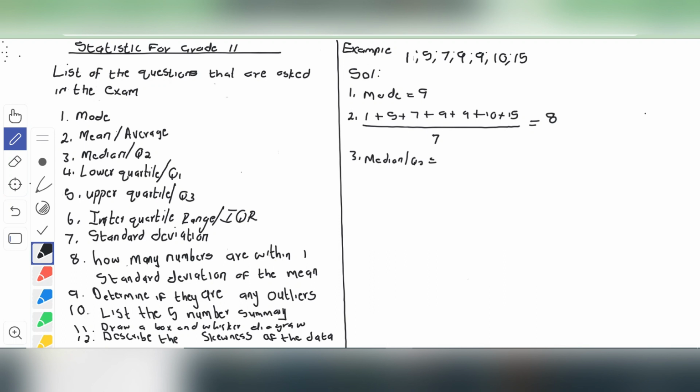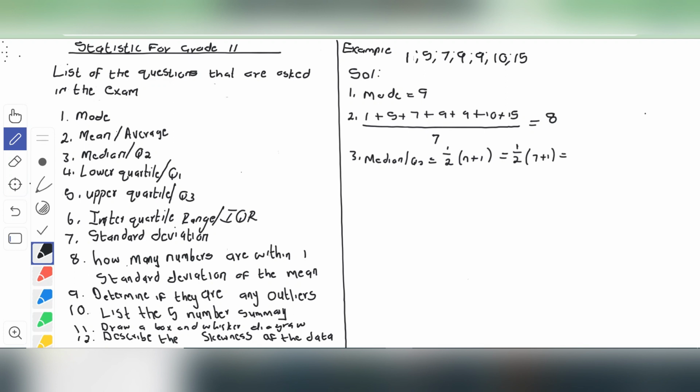The formula is 1 over 2 into n plus 1, right? So what does n represent? n represents the total number of the data set. And we know that the total number of the data set is 7. So when we calculate our median, it's going to be 1 over 2 into 7 plus 1.